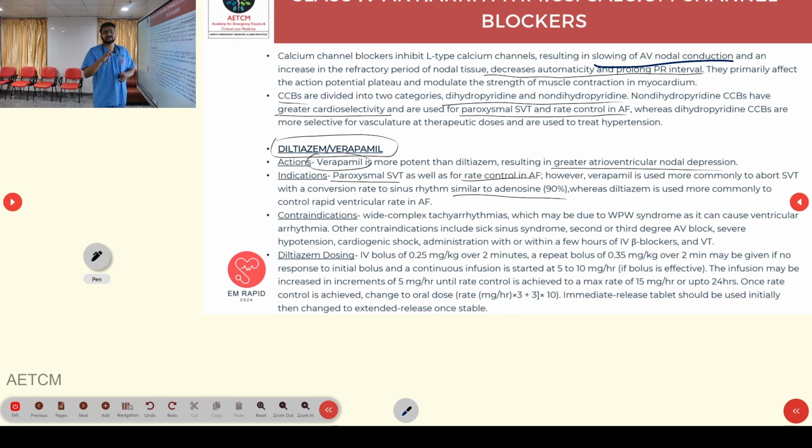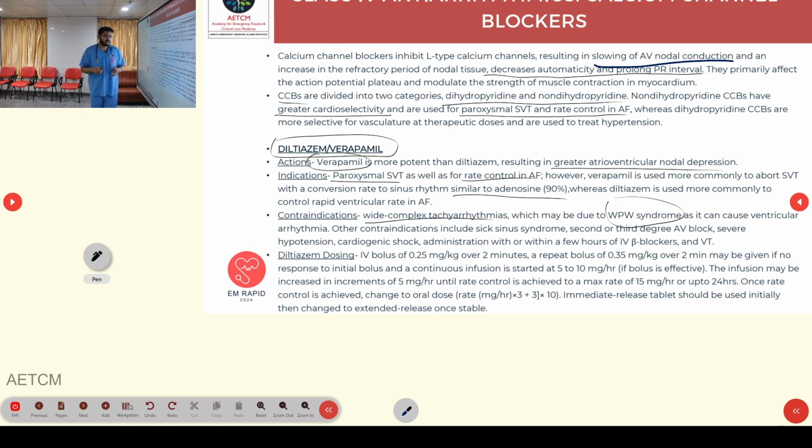The contraindications include wide complex tachyarrhythmias, especially due to WPW syndrome; we have to avoid these agents as they can activate the accessory pathway and accelerate the ventricular rate. So if we are suspecting WPW syndrome, we have to avoid these agents.